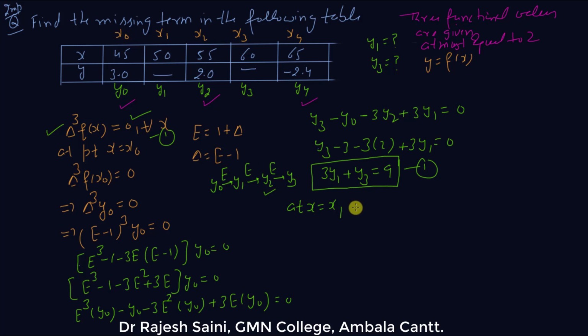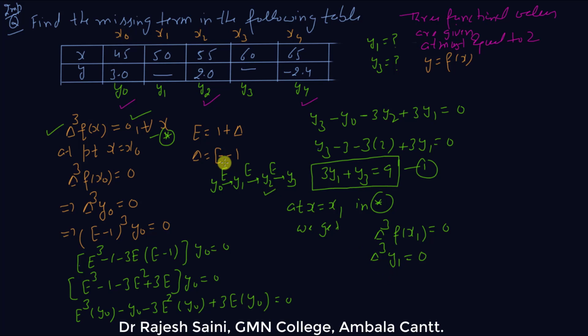We get delta cube f of x1 equal to 0. That means delta cube y1 equal to 0, because f of x1 is y1.